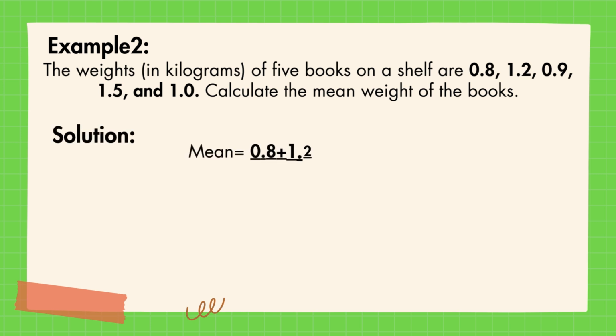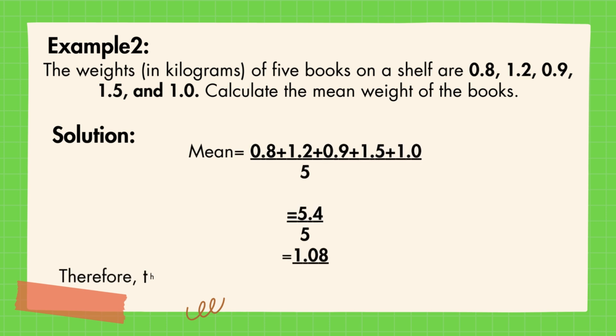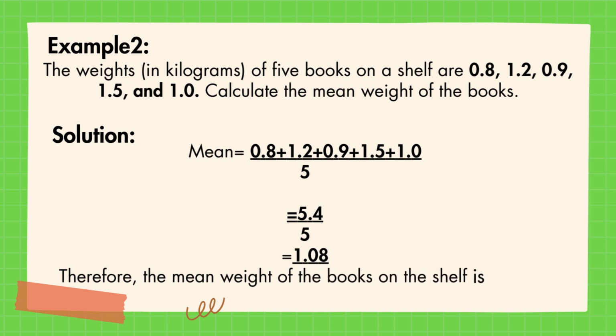First of all, we should know the formula for mean. The formula for mean is we have to add up all these values. So mean equals the sum of the values over the number of values.